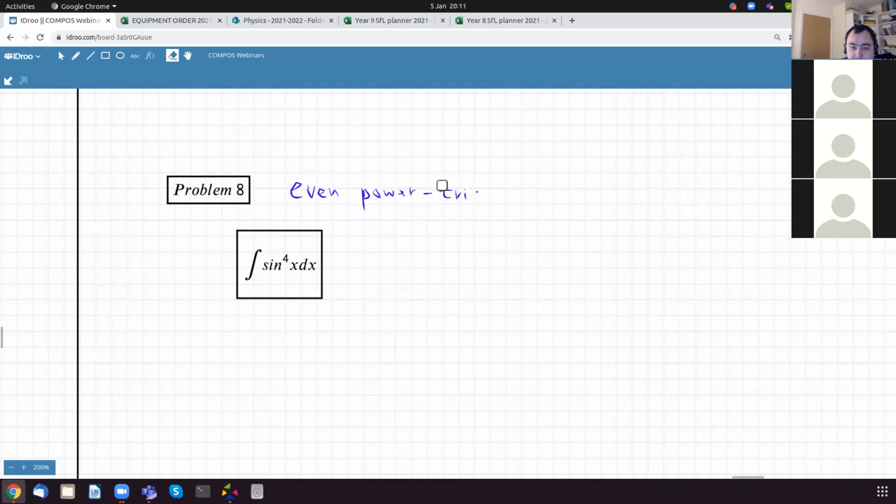Well, no, you need specific trig identities. Even power, you need the power reduction formula.